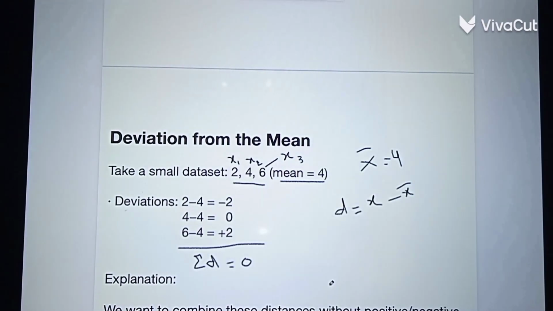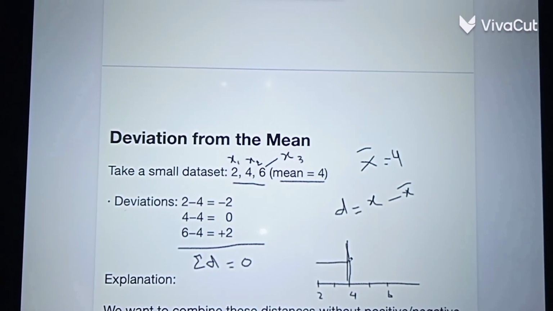Now you can draw them as well. Suppose this is our number line, this is 2, this is 3, this is 4, the next one is 5, the next one is 6. So the average value is 4, this is the middle value, and this 2 is how far, this 6 is how far from this mean.